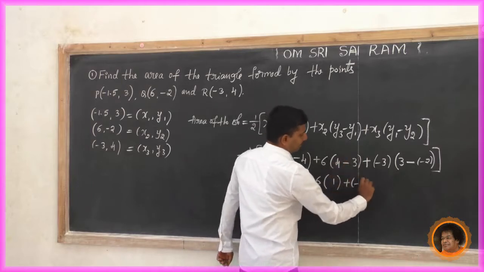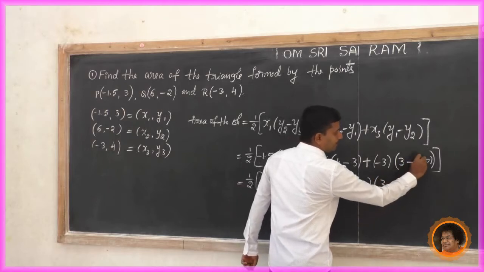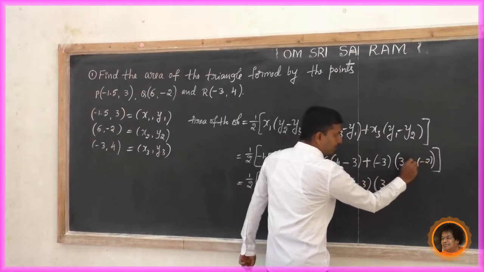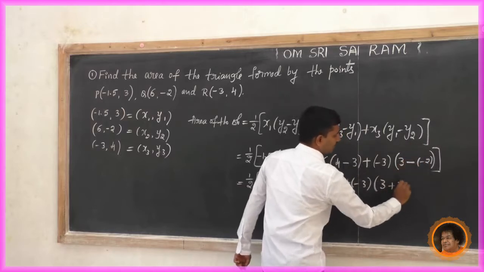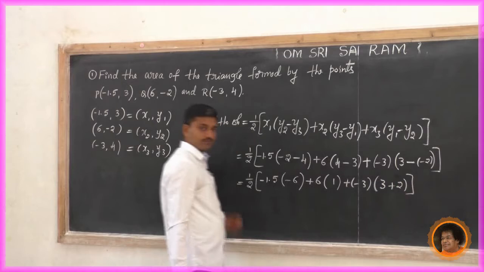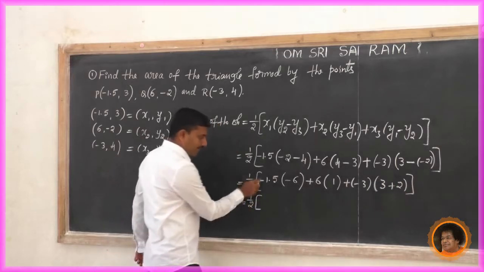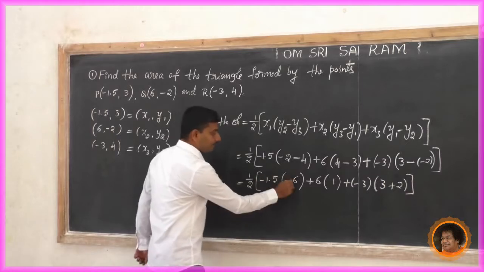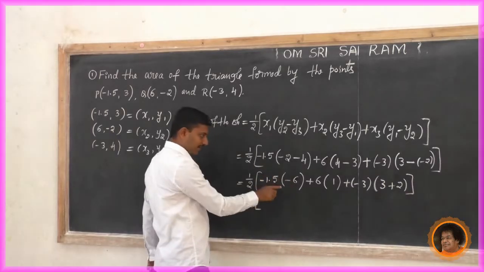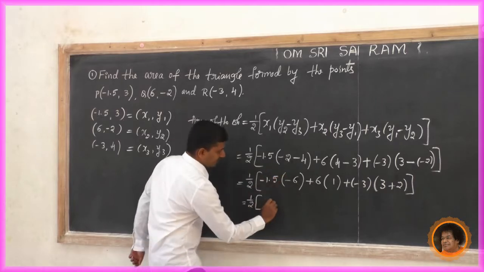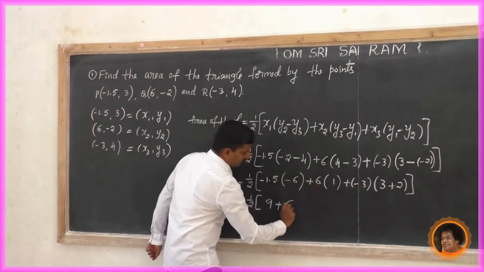So plus minus 3 into 3 minus, bracket means minus into minus, which is plus, 2. So next equals half into minus into minus, which is plus 1.5 into 6. You multiply 1.5 into 6, that is 9. So here plus 6 into 1, 6.